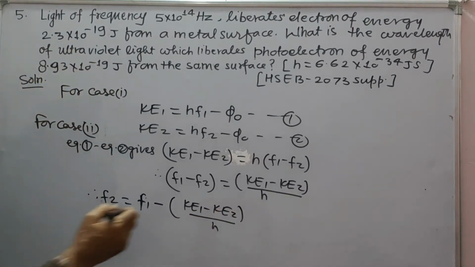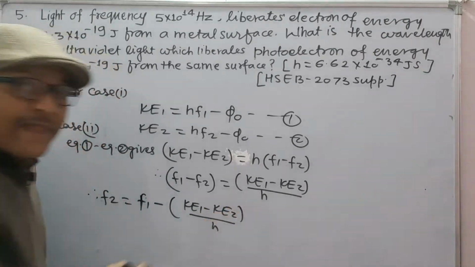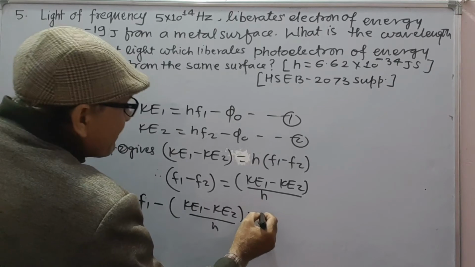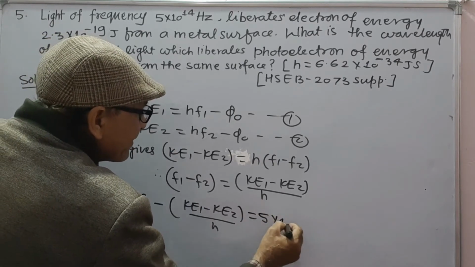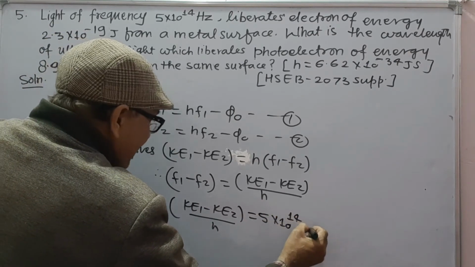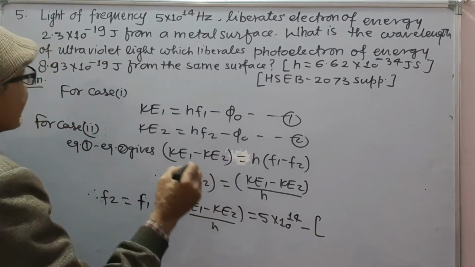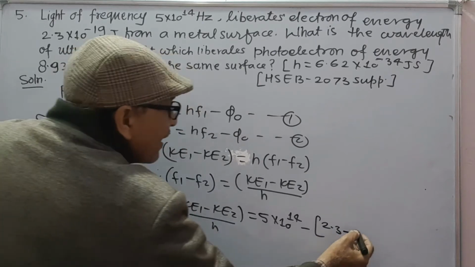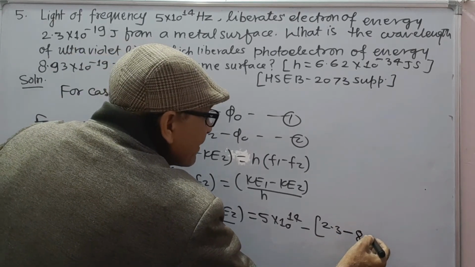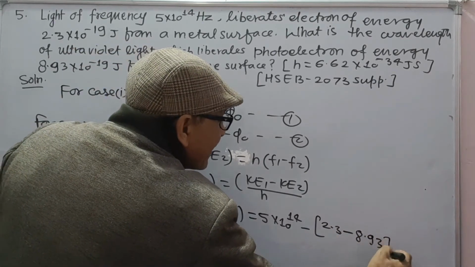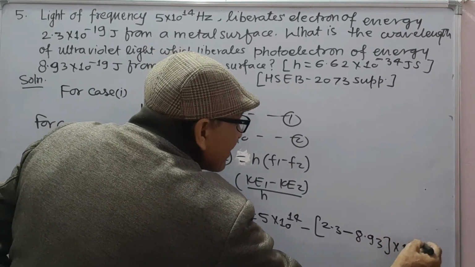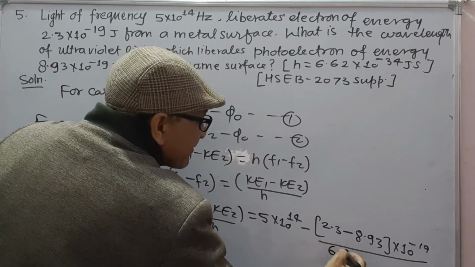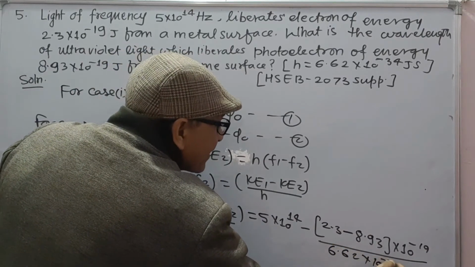On putting the values we get f1 is 5 × 10^14 minus (K1 is 2.3, K2 is 8.93, and 10^-19 is common to both) upon h. h is 6.62 × 10^-34.